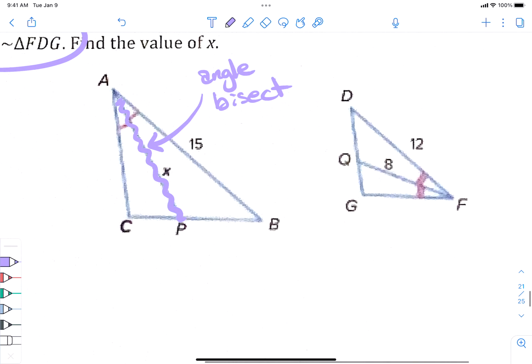All we have to do is what over what equals what over what, and solve for x. 15 over 12. Those triangles are reflected and twisted around, but 15 and 12 go together, and then x over 8, because you're going left to right and left to right.